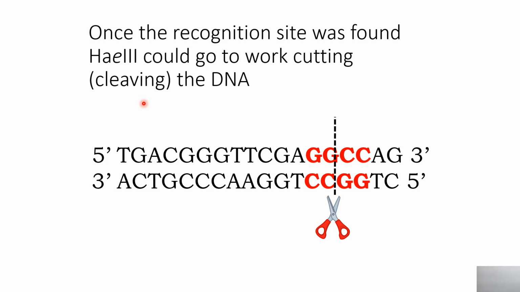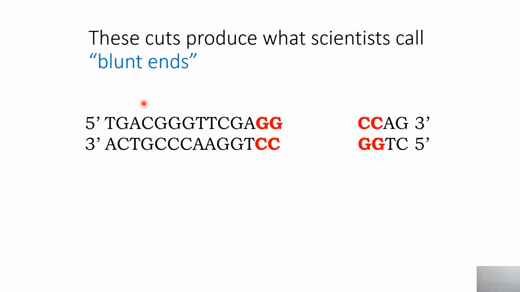This will generate blunt ends. If you can see, there is no chance of a sticky end over here. These cuts are called blunt ends, because there are no 5' or 3' overhangs. So the ends are blunt.